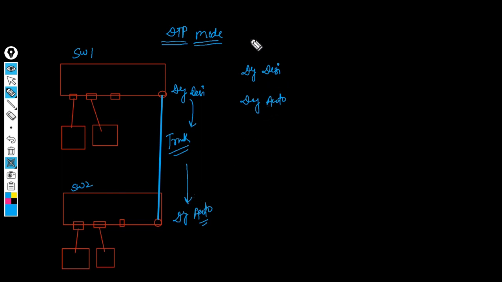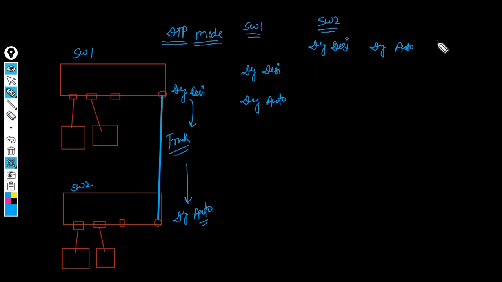Say for example, this is my switch 1 and this is my switch 2. In switch 1, you can have dynamic desirable or dynamic auto. In switch 2 also you can have, let's say, dynamic desirable or dynamic auto. There is one more thing you need to remember, the port mode.